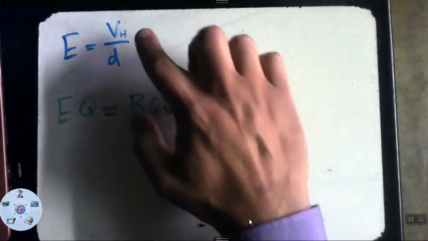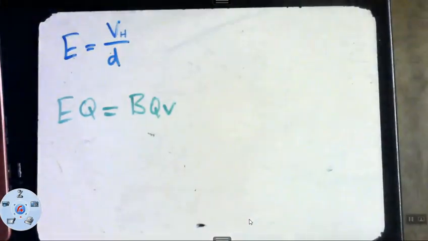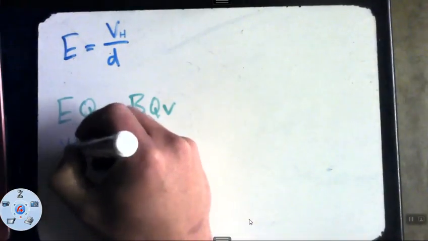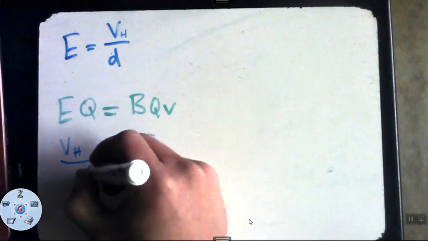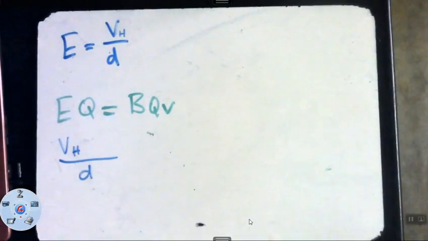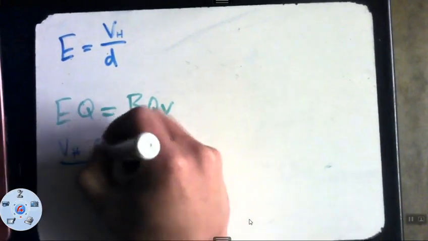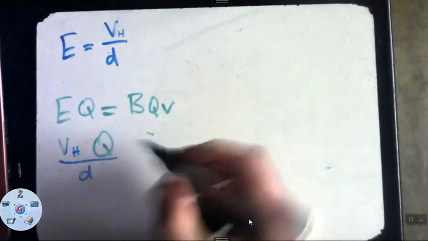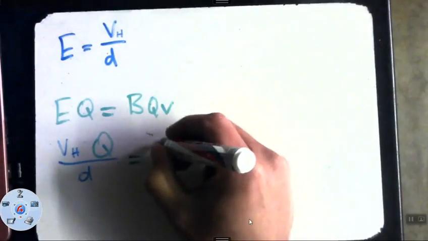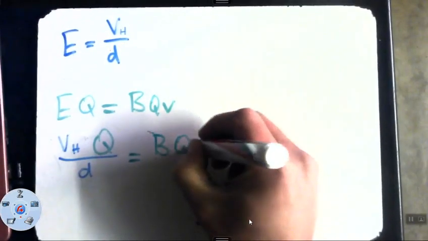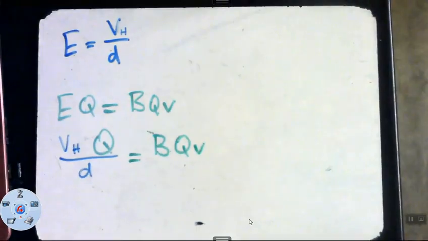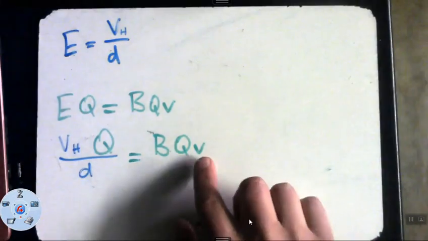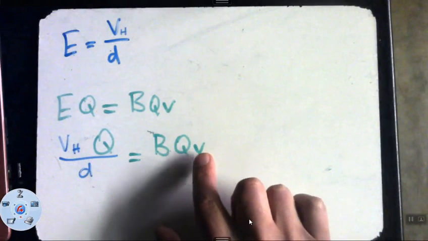So if we bring that into place here, we're going to end up with the Hall voltage over the distance times the charge, this is still the electric field part, is equal to the magnetic field, the charge, and the velocity. Remember, that is not the voltage, it is the velocity.